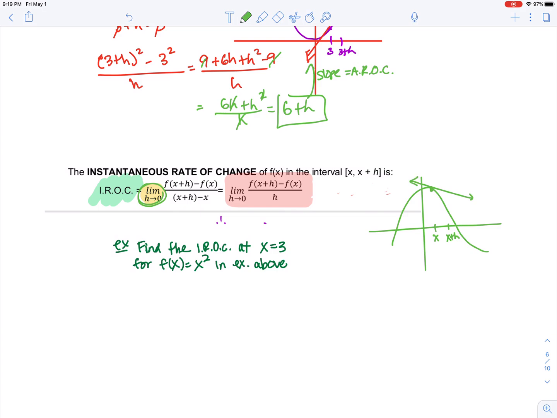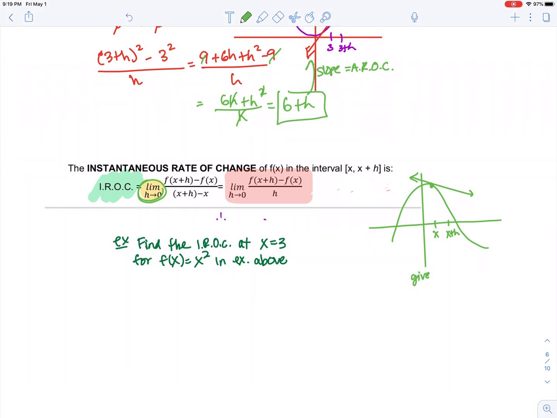So I'll say IROC, instantaneous rate of change, gives you the slope at x. So at point x, since h is equal to 0, you're actually just finding the slope through one point. That's the only difference between AROC, average rate of change, and IROC, instantaneous rate of change.